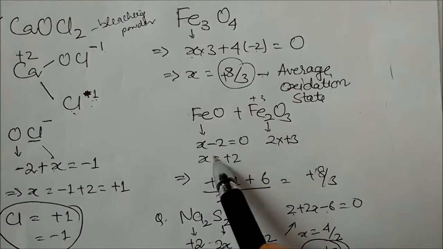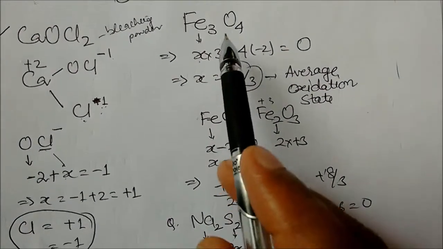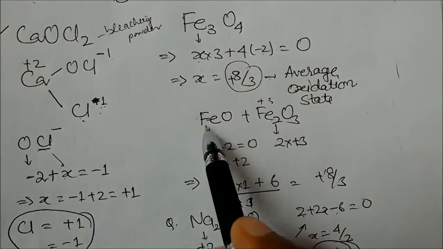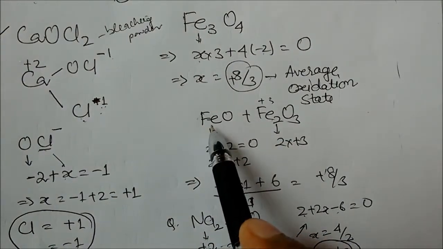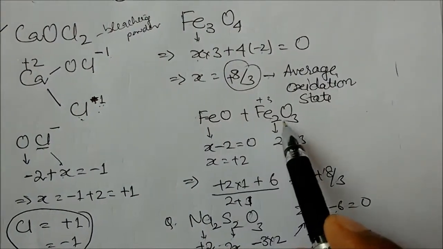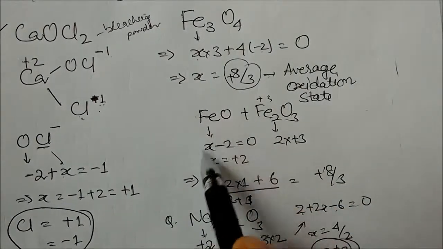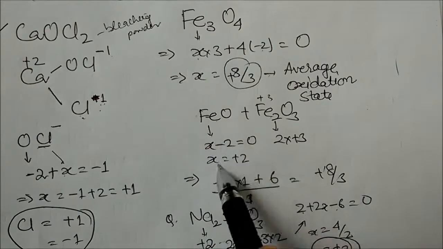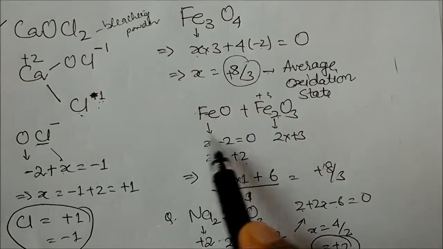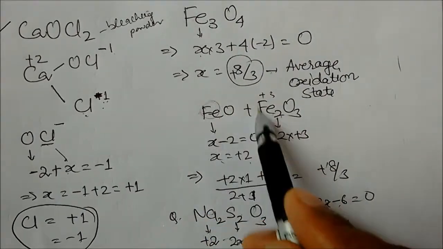How? See here, this is a mixed salt of oxides, which means two iron salts are there: one is iron(II) oxide and the second is iron(III) oxide. First you take the oxidation state of this one, which is +2, and this one is +3. So what is the total oxidation state of these iron atoms?